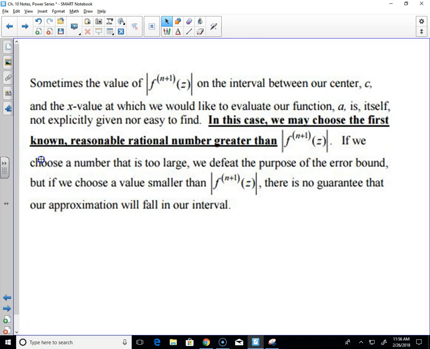So the idea is, every now and then, if something weird is happening, we might not know exactly what value to use for the n plus first derivative in a certain interval, so we look outside the interval and choose the first known reasonable rational number, because if we go using something that we don't know, it kind of negates the whole idea.